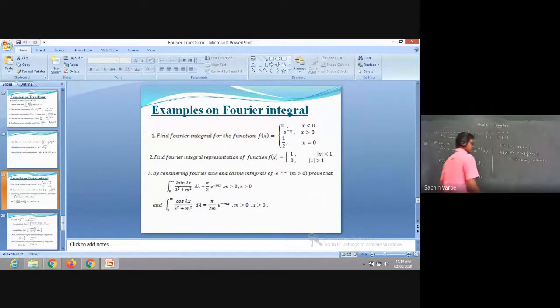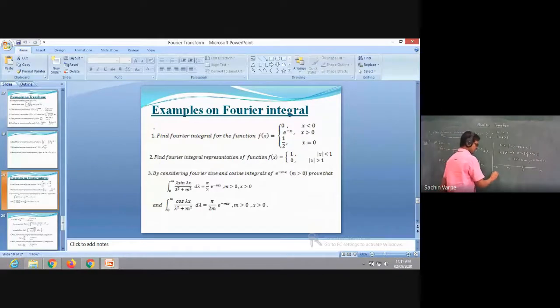We break the minus infinity to infinity interval into three parts: minus infinity to minus 1, minus 1 to 1, and 1 to infinity. So let us write this formula by dividing the interval into these three subintervals.